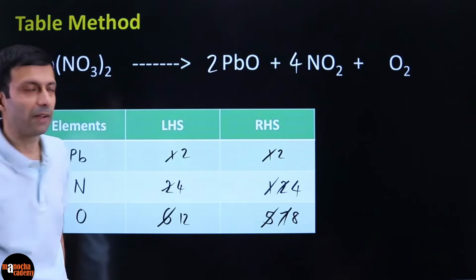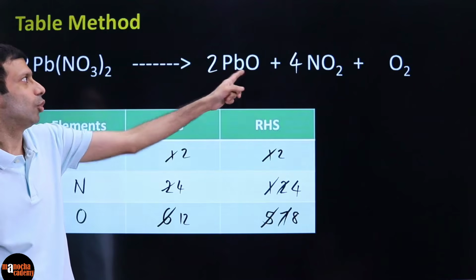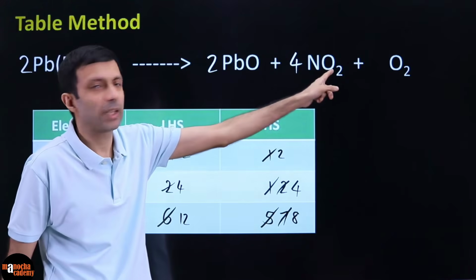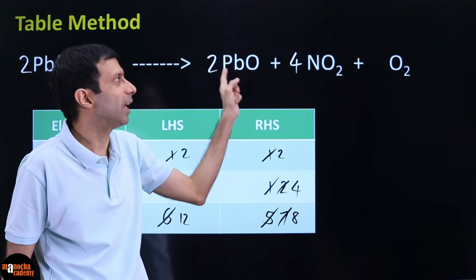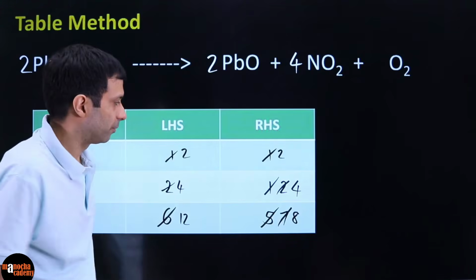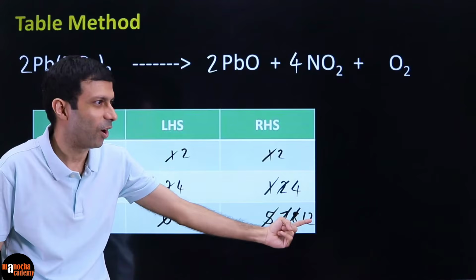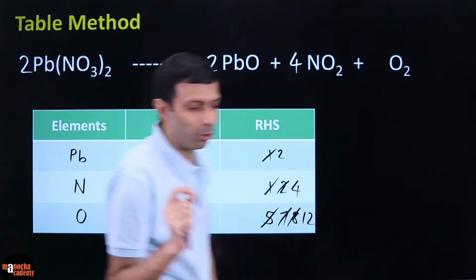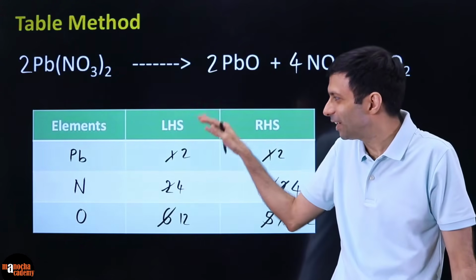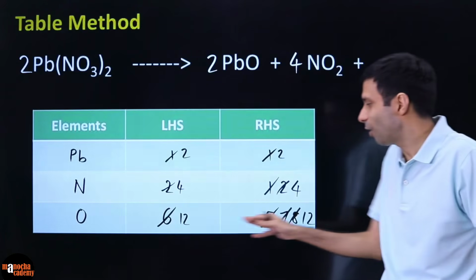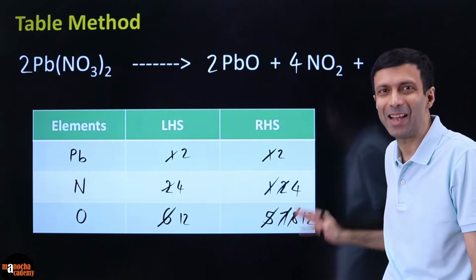How much oxygen do we have now on the right? 2 plus 4 times 2, 8. So 8 plus 2, 10 plus 2, 12. And the good news, can you see? Oxygen 12, oxygen 12. So even though we did the easy ones first, the difficult one automatically got balanced here.